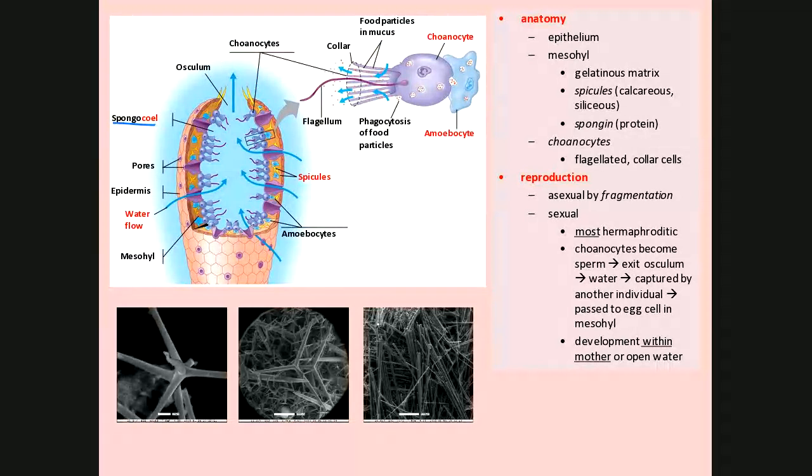These organisms are filter feeders. They take these cells with flagella, these collared cells, these choanocytes, and if you're thinking, why does it look familiar? Gosh, I hope it does, because those were the choanoflagellates from yesterday. Remember, choanocytes and choanoflagellates are just kind of down the block from one another.